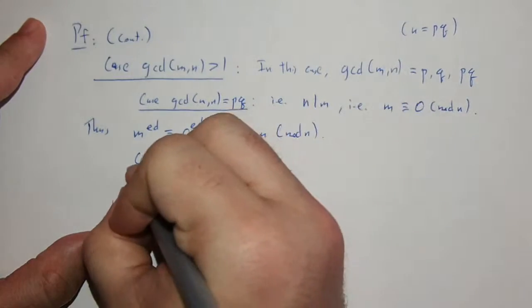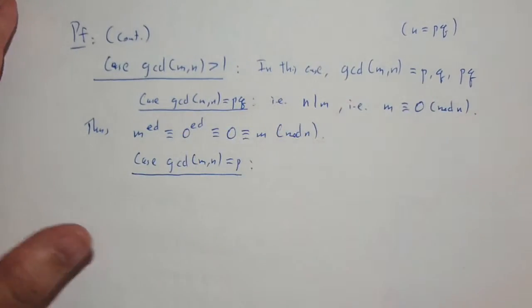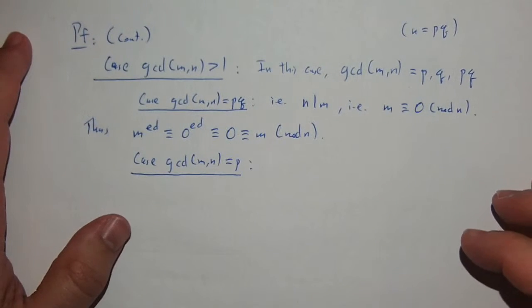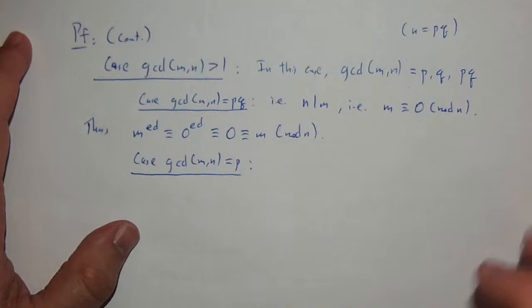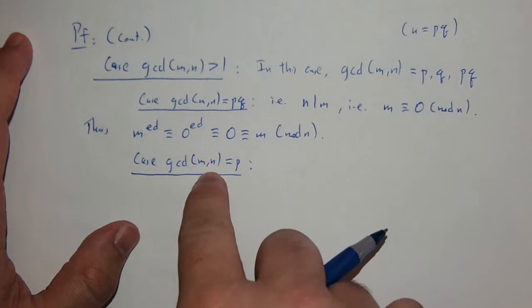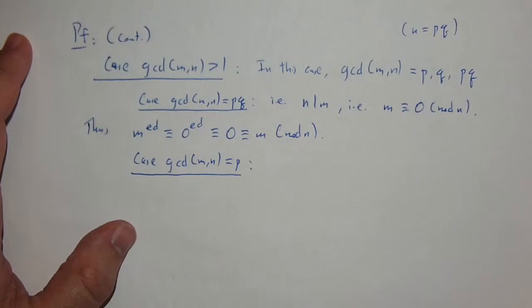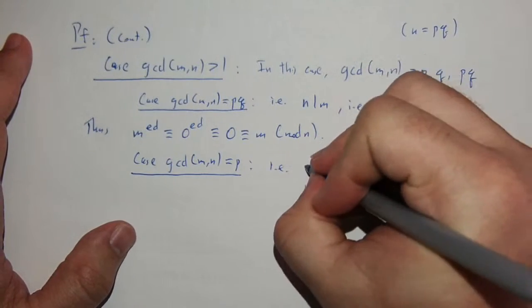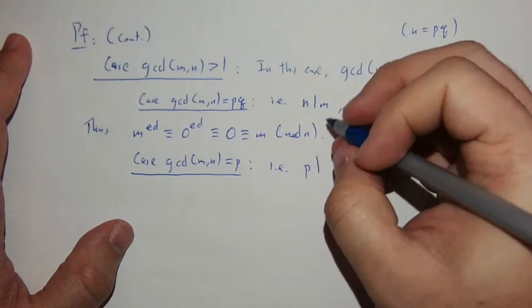Turns out this is all I need to do because the case when it's equal to q is going to be totally symmetric in argumentation, so swapping p and q is going to give me the completed proof here. So if the GCD of m and n is p, so p is a common divisor of m and n, i.e. in particular, p divides m.